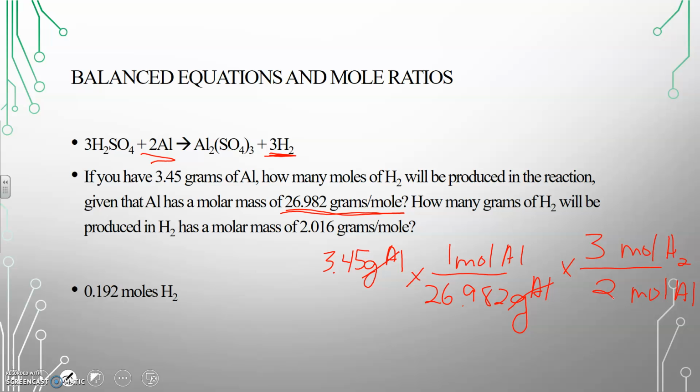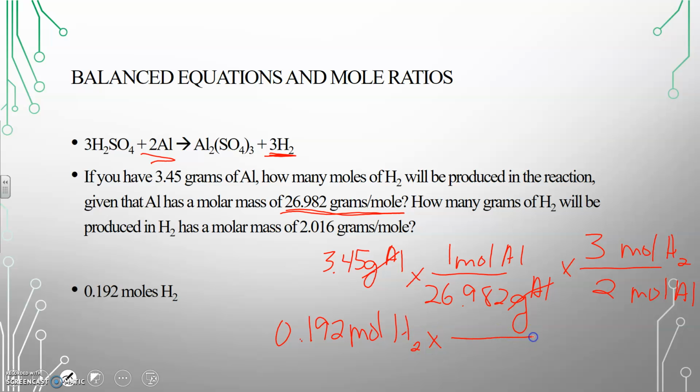Now the second part is asking you how many grams of H2 will be produced given these conditions. So you're still starting with this 3.45 grams of aluminum, which produced your 0.192 moles of hydrogen. Because we're taking that number of moles to grams, we only have to do the one additional step. So it's 0.192 moles of H2.